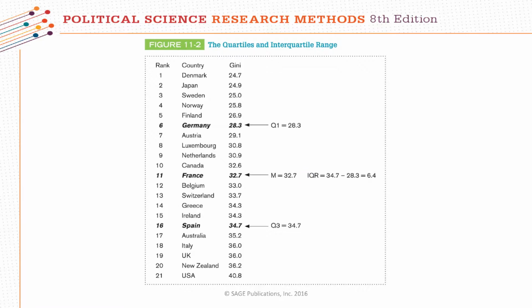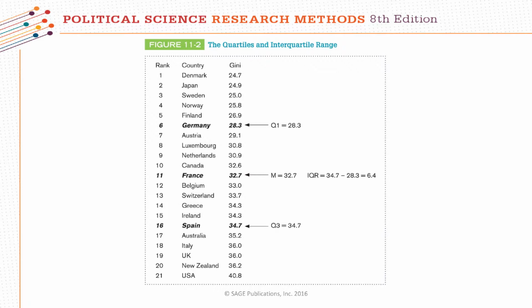of 6.4. That means that in some sense, we now have a better analytical tool to situate ourselves when we think about how far outside of the median a given observation's Gini coefficient is, right? So we know that Italy, UK, New Zealand, the US, these are more unequal societies, but how much more unequal?